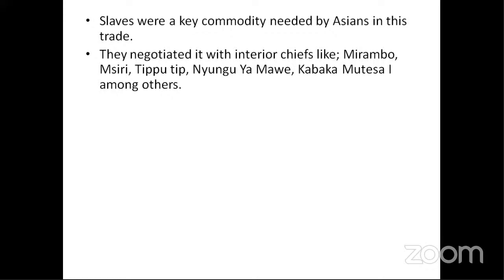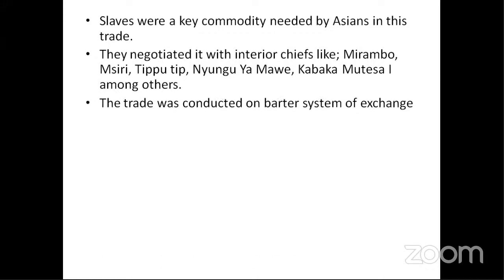The interior had different communities, and these different communities had different chiefs. But of course, the major ones have been given to you: Nyungu ya Mawe, Kabaka, then there is Mirambo. These are the leaders that negotiated the trade with the Arabs and Asians from outside.